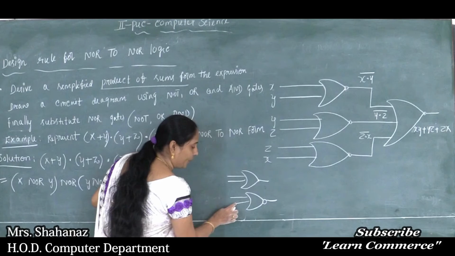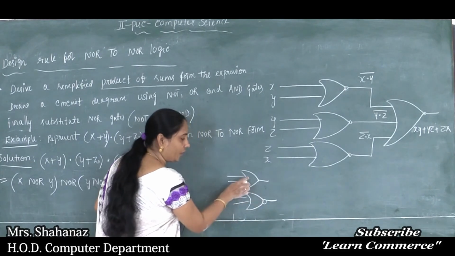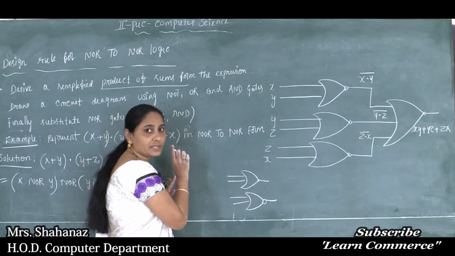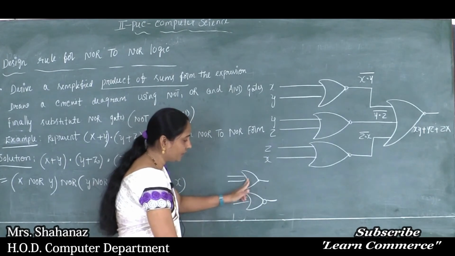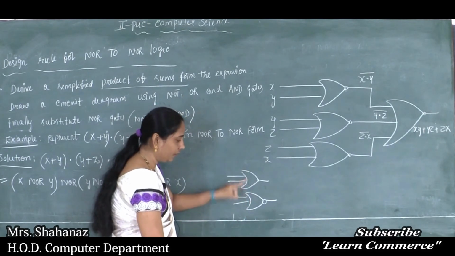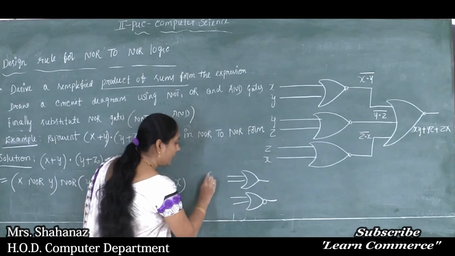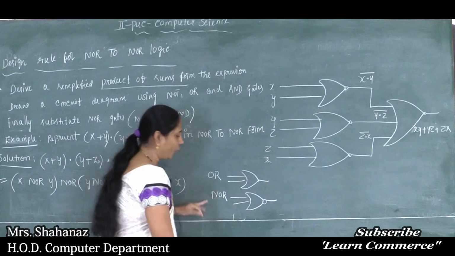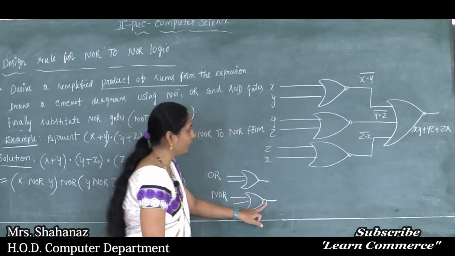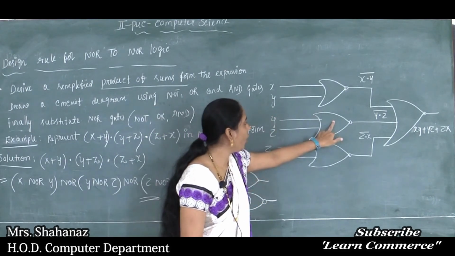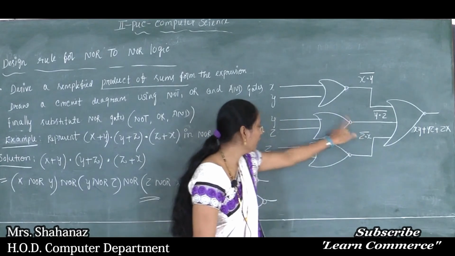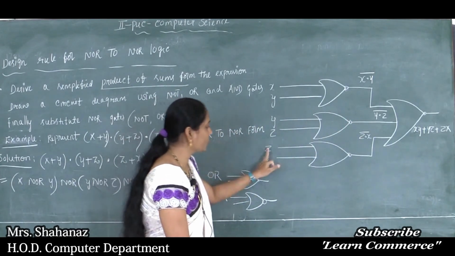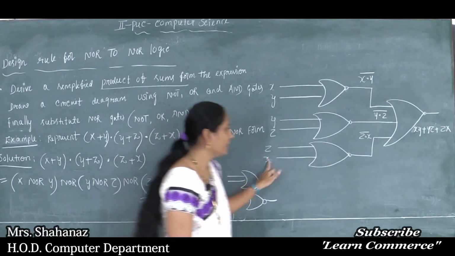A OR B NOT, whereas OR is just A plus B. So this is the difference between the OR symbol and the NOR symbol. A OR B NOT. So now y OR z NOT. Next, the last one, z OR x, so z OR x NOT.